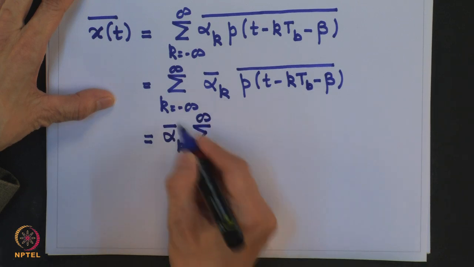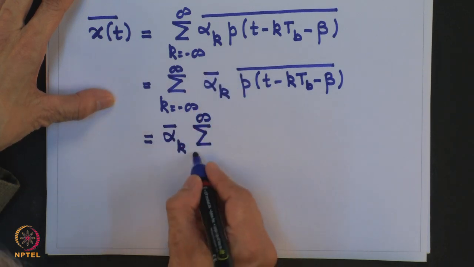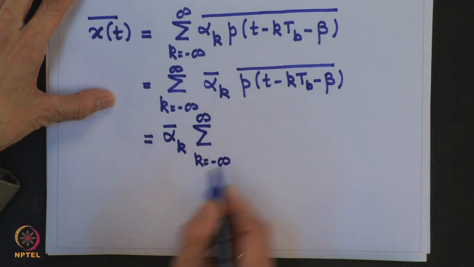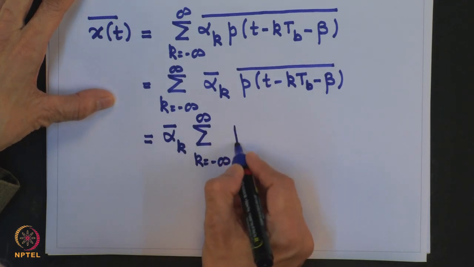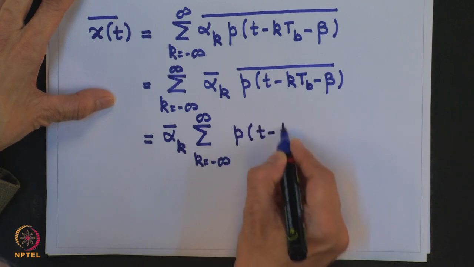The average value of alpha k I can remove outside the summation.